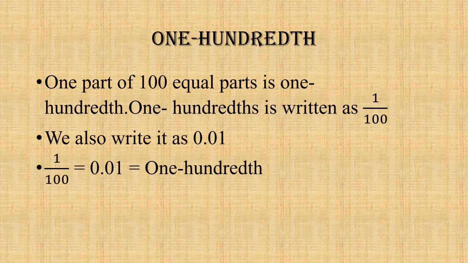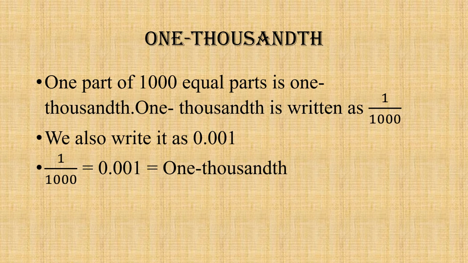When we convert 1 by 100 into decimals, we can write it as 0.01, or we can call it one hundredth. 1000 is also similar to 1/10 and 1/100. Here we are talking about one part of the 1000 equal parts and it is also written as 1 by 1000.